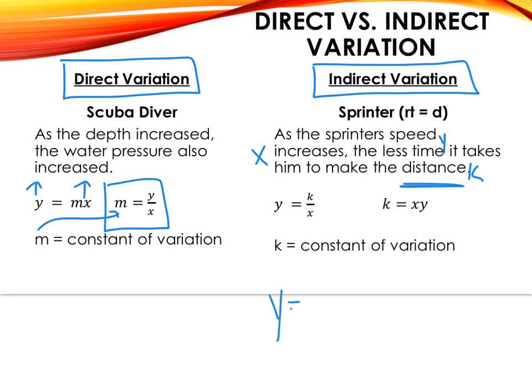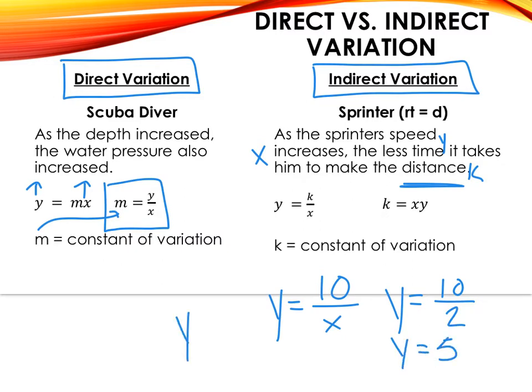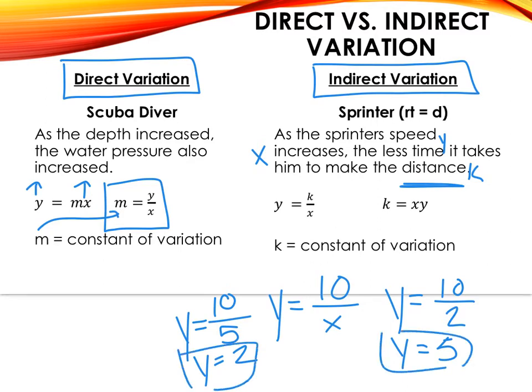So y is equal to k, which is 10 miles, over x. If we say his speed is 2, then we get 5. But if his speed increases, let's say it's 5, then we know y is 2. It's going to take him less time, so this would have taken 5 minutes, that would have taken 2 minutes. And so it's an indirect variation.